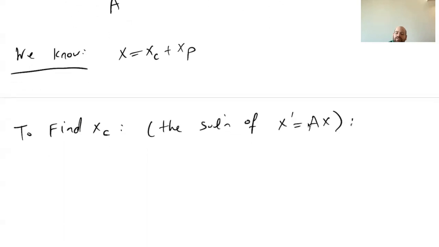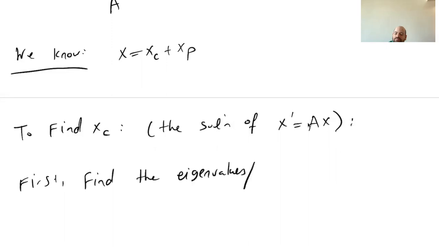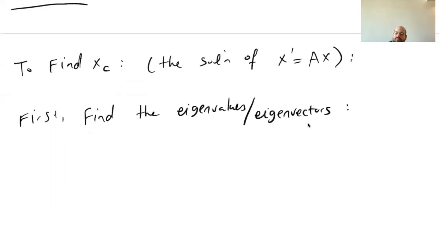So what should we do? First, we need to find the eigenvalues and eigenvectors. And so I need to solve for the determinant of A minus lambda I equals 0.